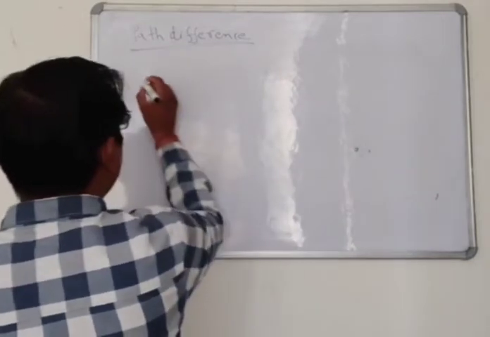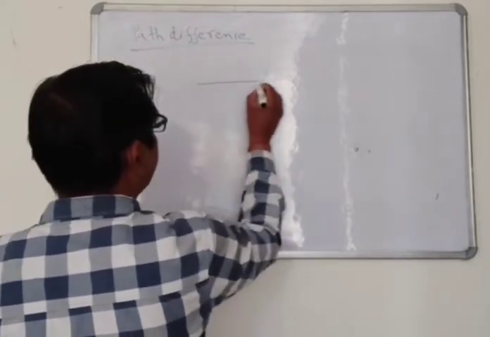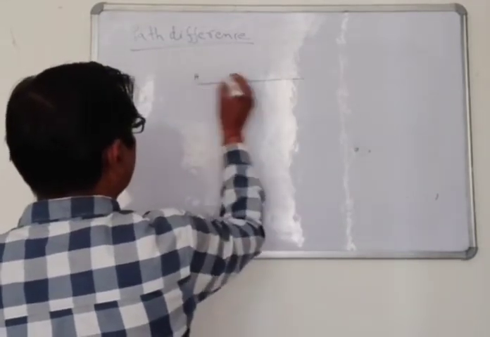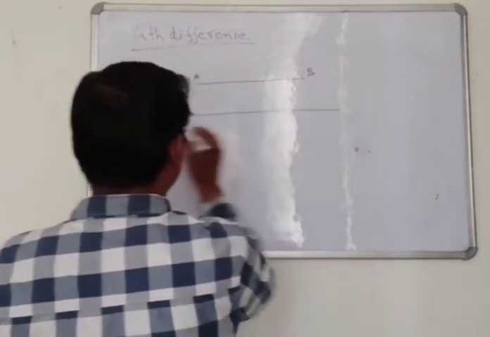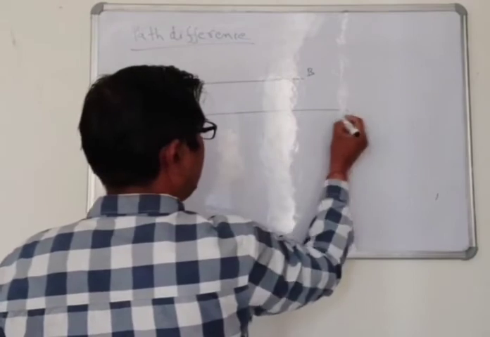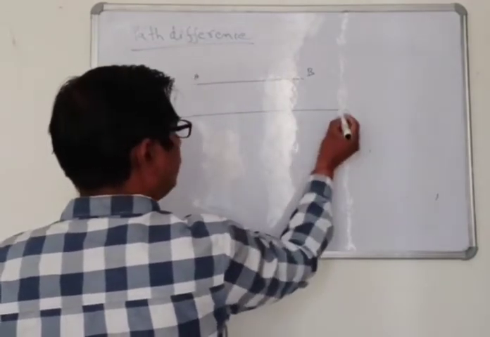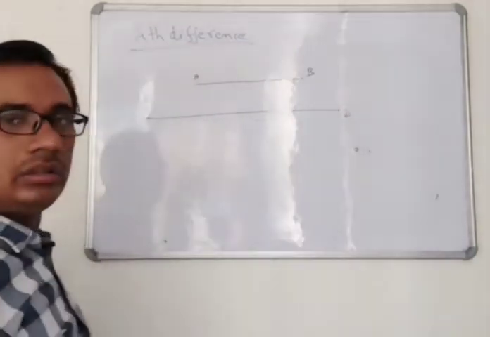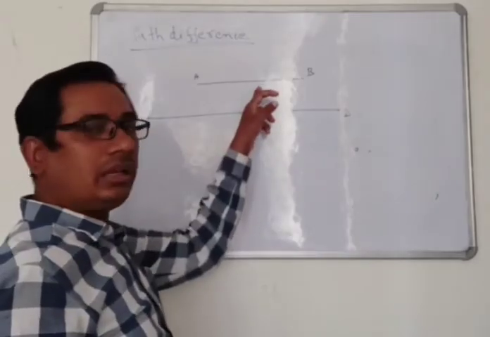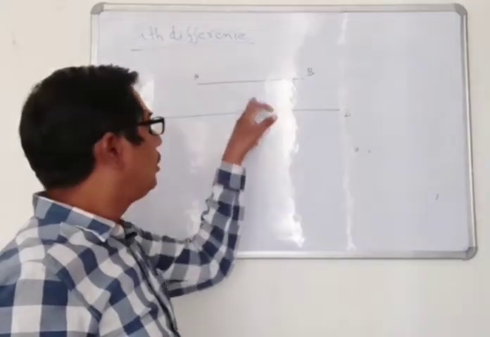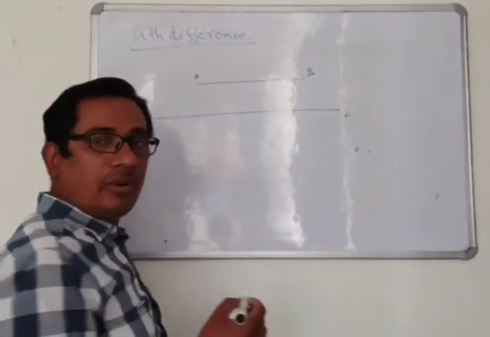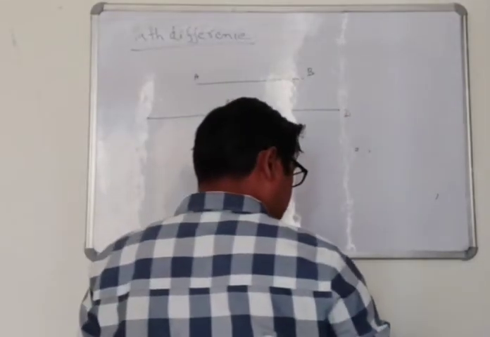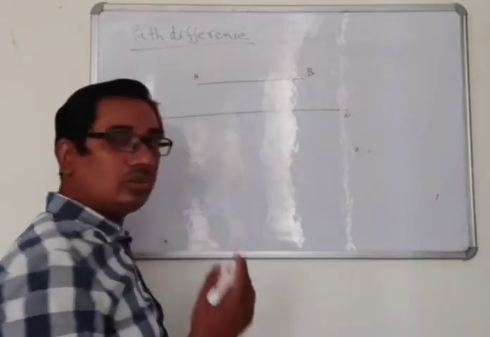Here object 1 travels a distance AB like the previous case, and object 2 travels a distance CD like that. The path difference is the difference between the distances of the two objects. By the geometrical method, first you will choose the shortest path.